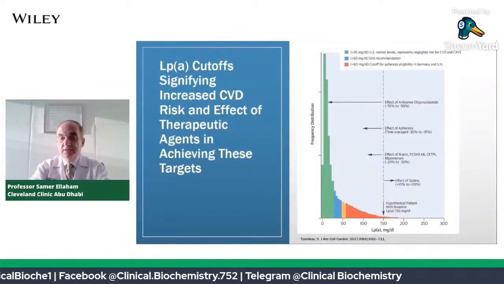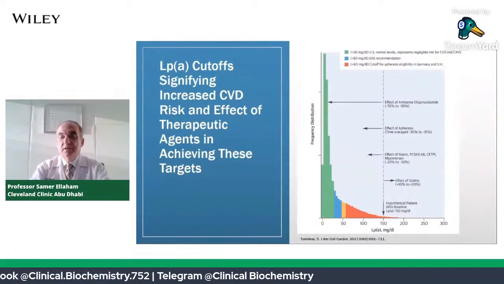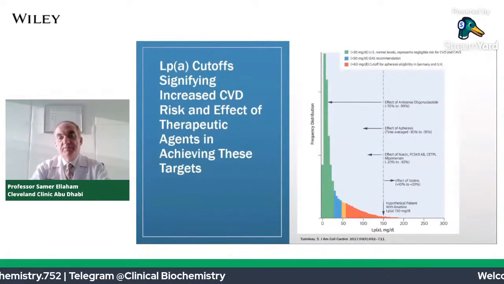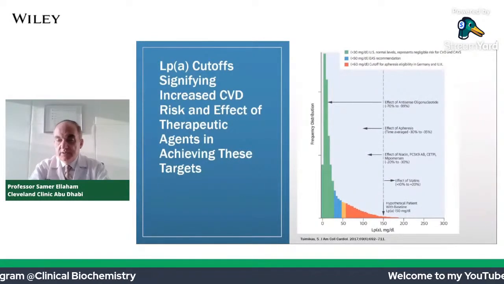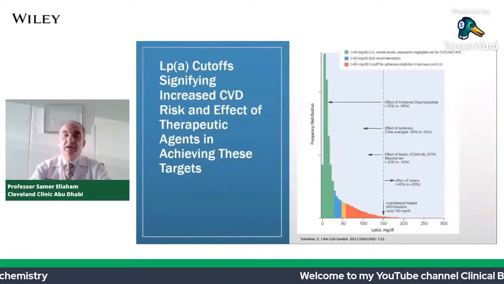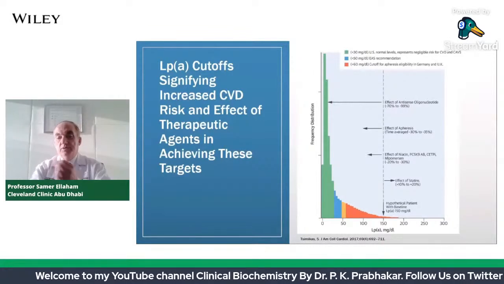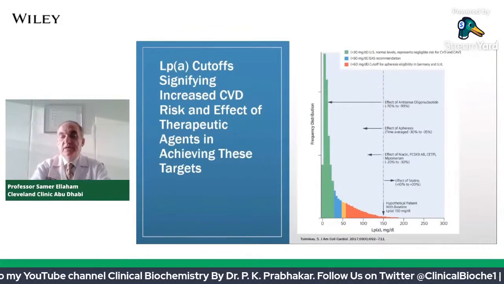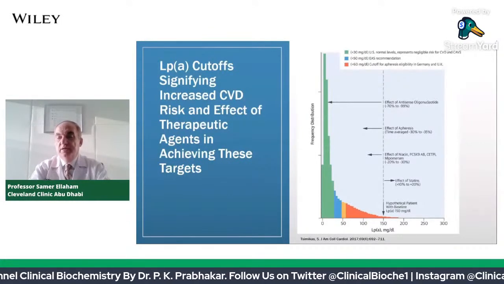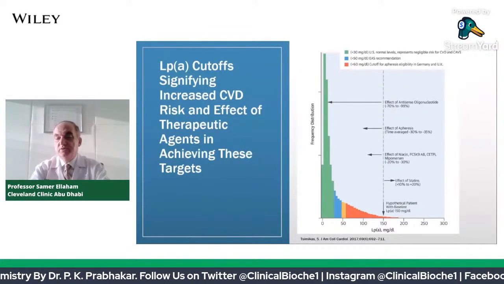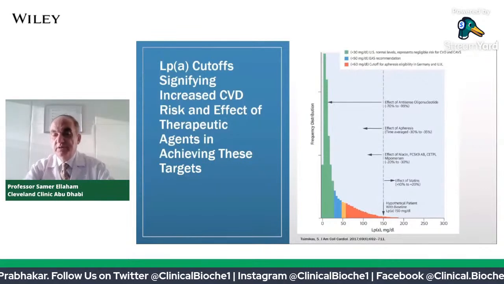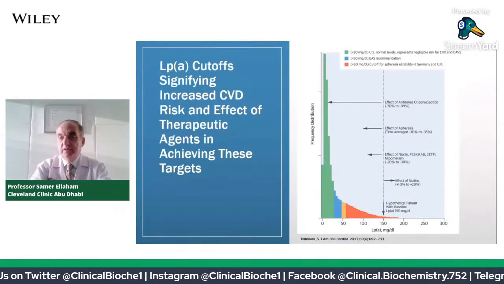And again, this slide is from Dr. Mikas, who has spent literally most of his professional life and research on this very important topic. And we all should thank him and appreciate the great work he's done. And you could see here some of the hypothetical changes that you could expect on an Lp(a) of 150 milligram per deciliter, which is quite elevated.